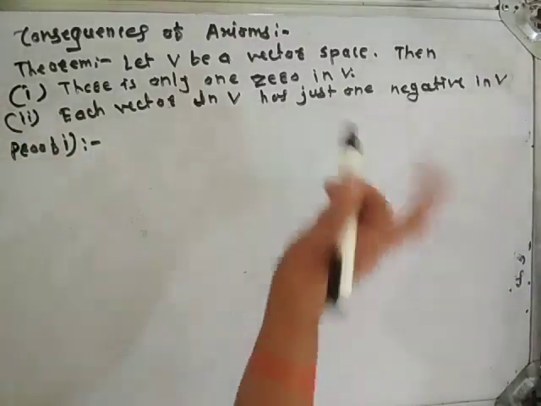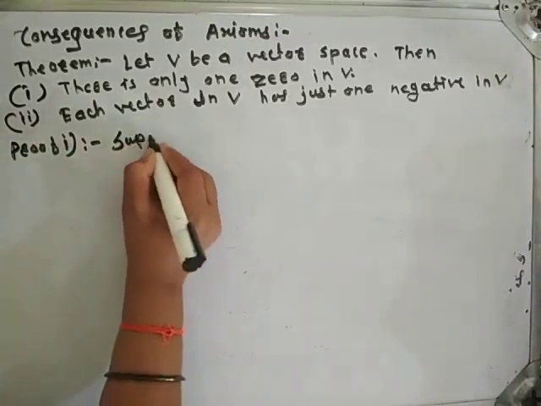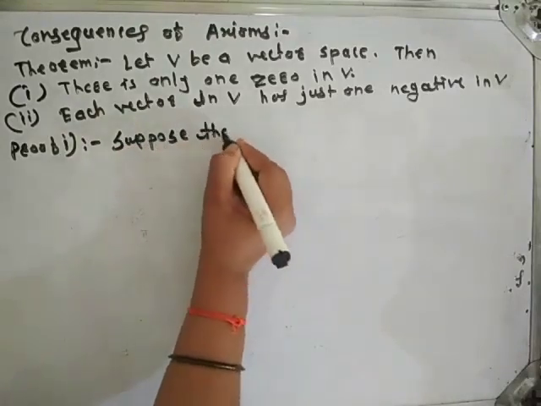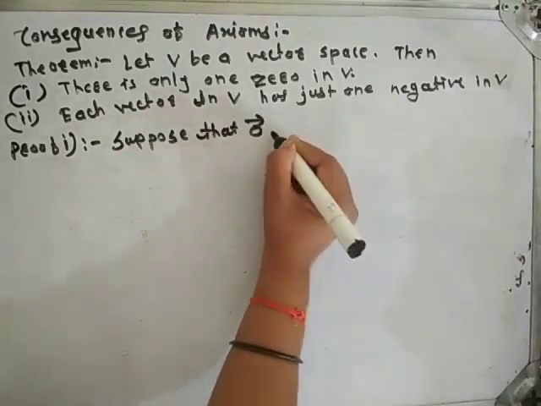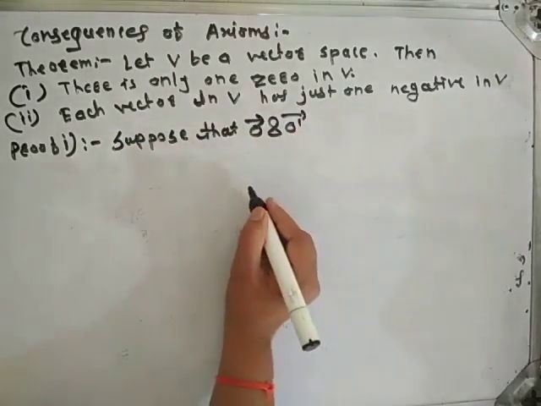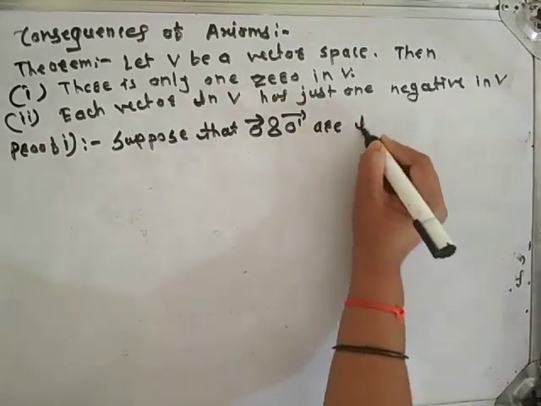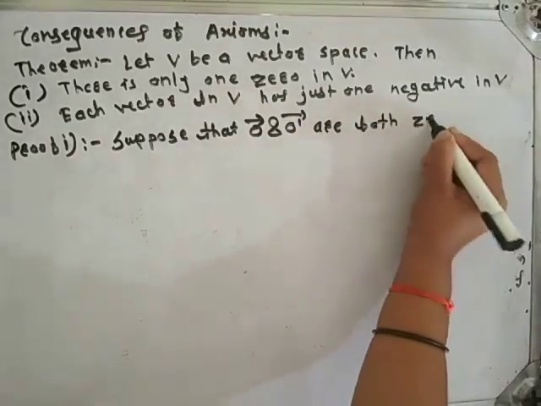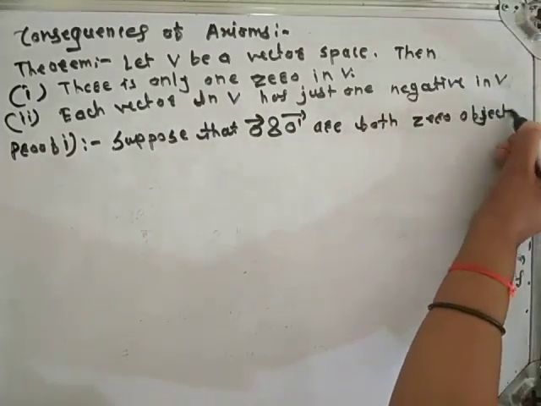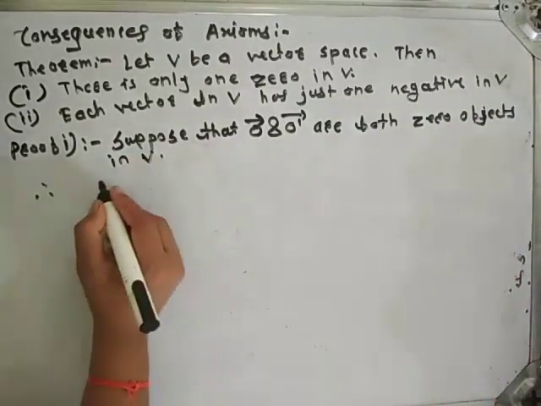We have to show that there is only one 0 in V. We assume that, suppose that there are two zeros in V. Suppose that 0 bar and 0 dash bar are both 0 objects in V.